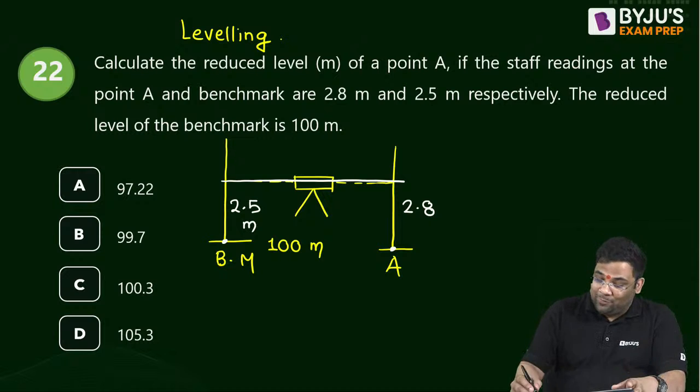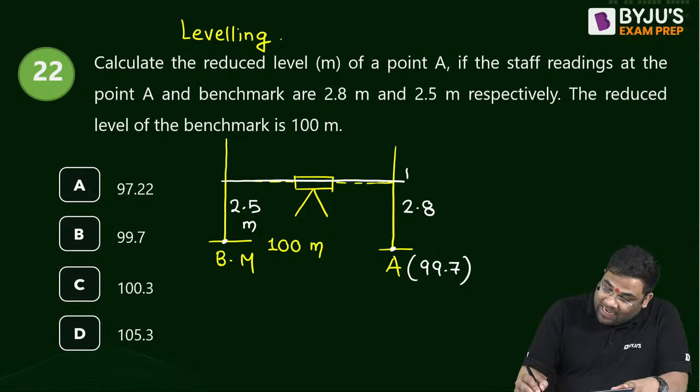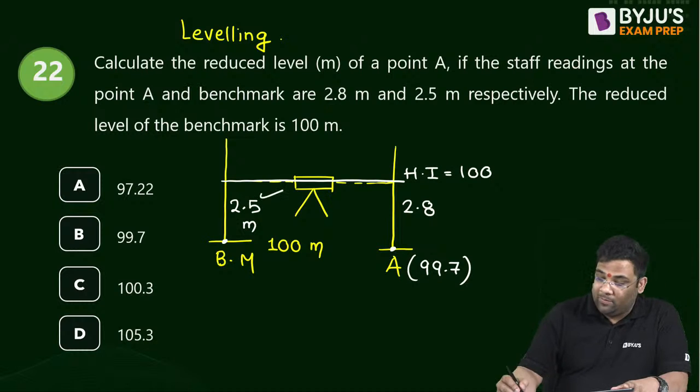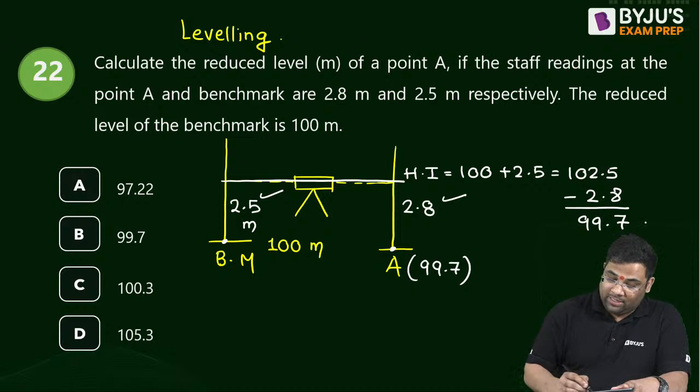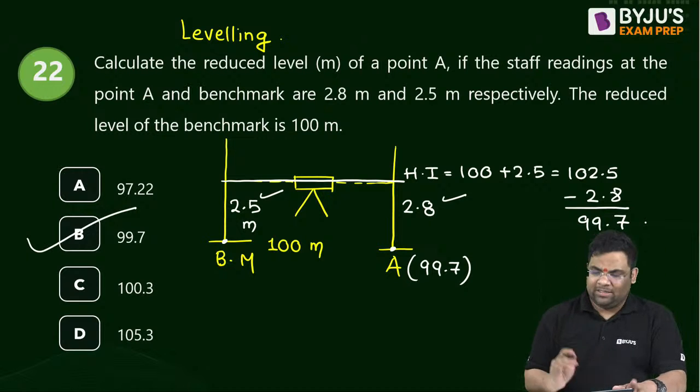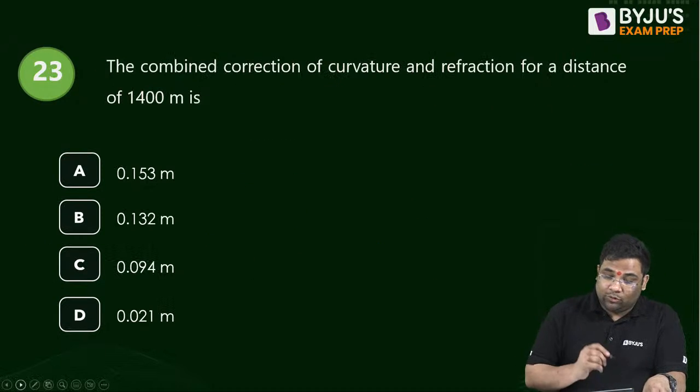So it is 99.7. Directly you can find out. Or you can find out the height of the instrument. The height of the instrument will be 100 plus 2.5, that is 102.5, and from 102.5 subtract this 2.8. I am getting 99.7. So this is the right answer. Very straightforward questions. Next question.